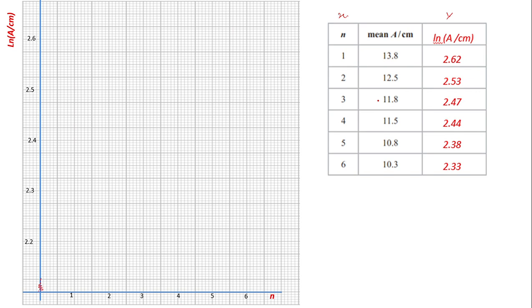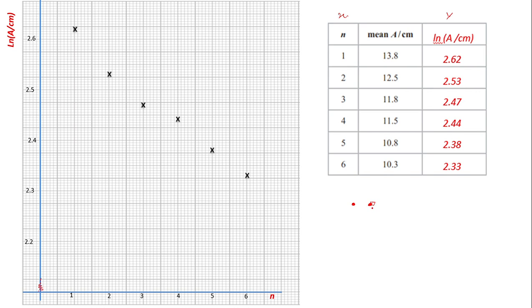And then when you plot corresponding values, so these are the points. There is one thing. When you plot the graph, make sure you avoid plotting dots, because this is something that I came to know from discussing with the examiner. They said that if you plot the dot, then this dot might cover more than half of the small box.